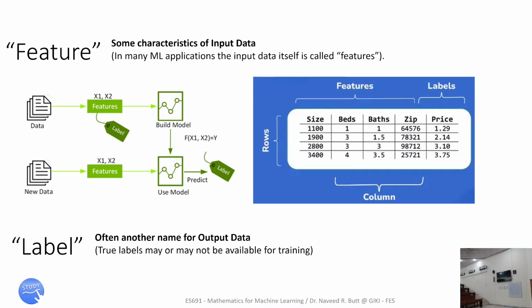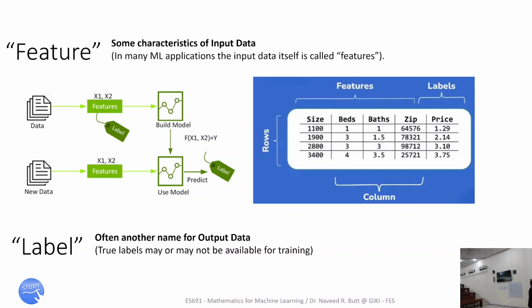Size of the house, how many beds it has, how many baths it has, which zip code region it is in, which zone it is, and based on that maybe it's worth 1.29 million dollars, it sells for this much. These are the values that you want to predict, that if I give you now 3 or 4 of these for another house, what should be the predicted value, or what should be a fair value based on the current market situation.